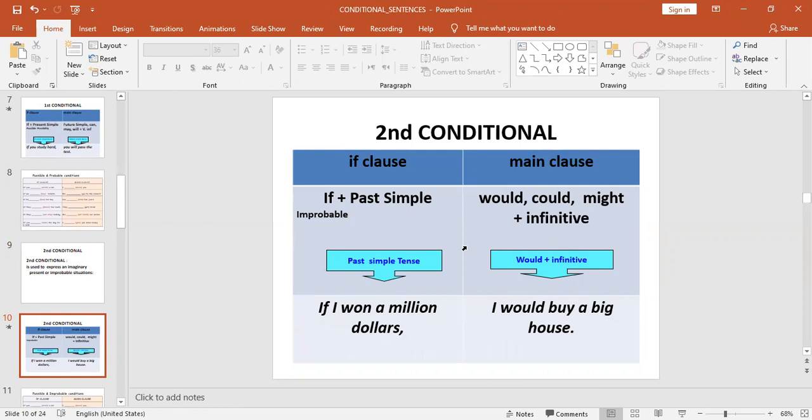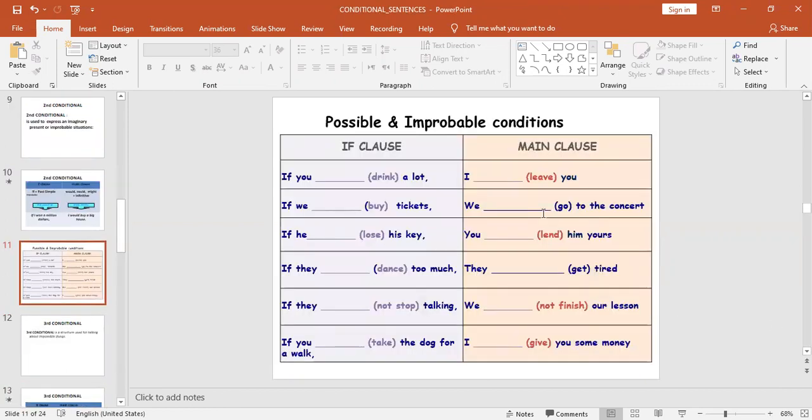Clear? Okay. Let's take an example. I have also an exercise about this, the last case. This is the second case, as I told you, and we will finish our lecture with answering this exercise. The first part, if you drink or drank, it is the second part.